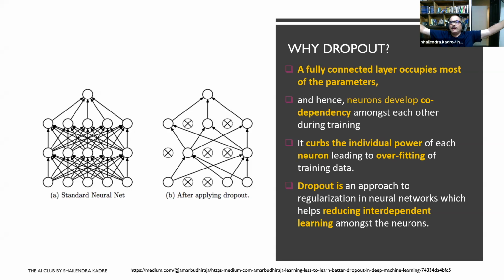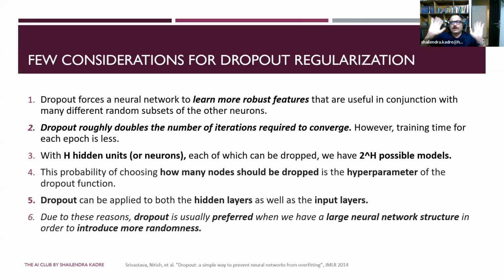If your neural network is large, a very deep neural network, then you have scope for introducing a good amount of randomness in that model. It is a very obvious, common sense point: if the number of neurons is more, the possibility of randomness will be more. So dropout is generally preferred in large neural networks. That is where it is more effective.